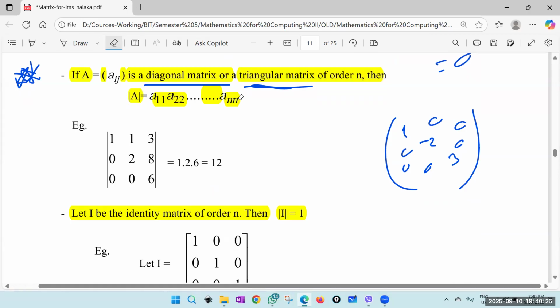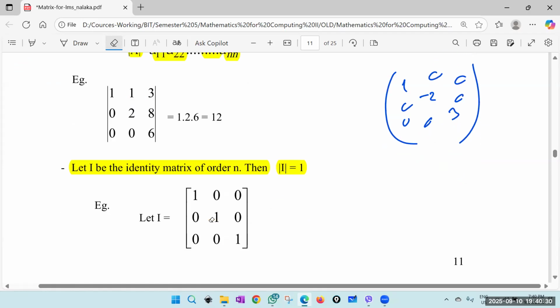And if it is an identity matrix, remember an identity matrix is a square matrix where all the diagonal elements are ones, all the non-diagonal elements are zeros. Because an identity matrix is a special case of a diagonal matrix, this property still applies. So its determinant is the multiplication of diagonal elements. And of course, because all are ones, by definition of identity matrix, it's going to be 1.